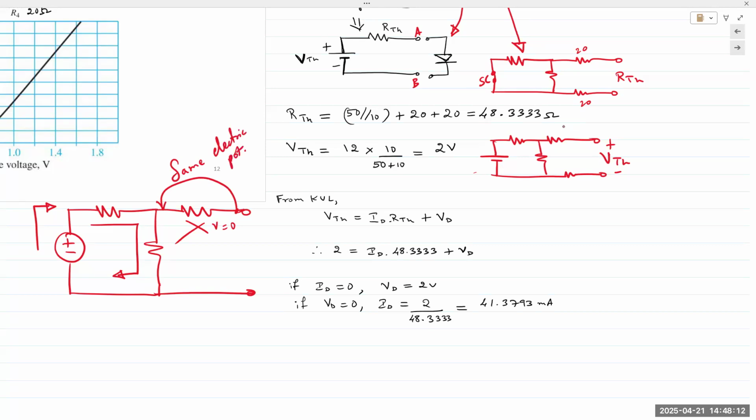The resistor may as well not be part of the circuit, because there is no current flowing through. The resistance is not opposing anything. Important concept. So if you want to find VTH, it's the same as this point.